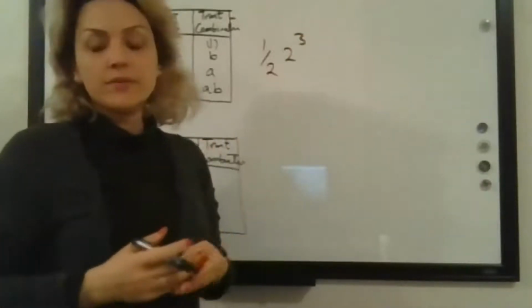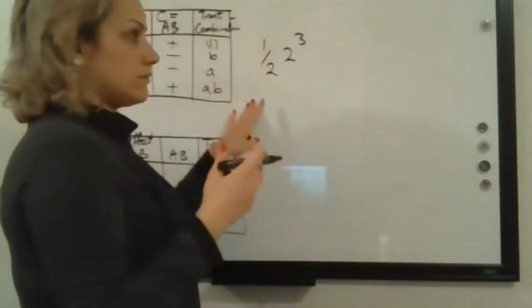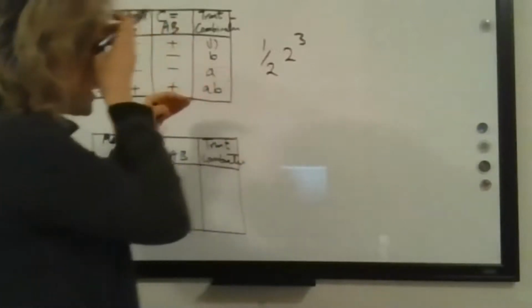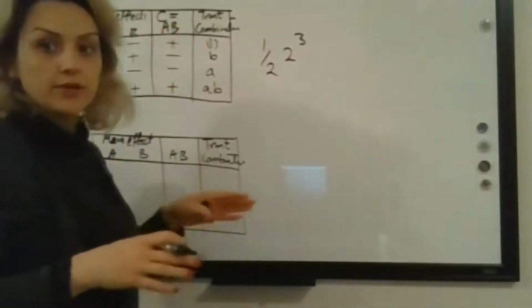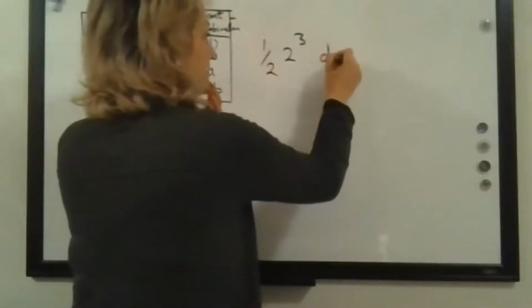This is going to be our principal design, because we have the principal and the alternate one, and I'm going to talk about the alternate one here. So I would say 1 over 2, 2 power 3 design.